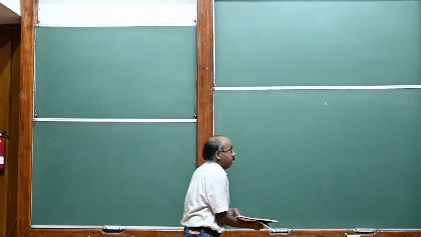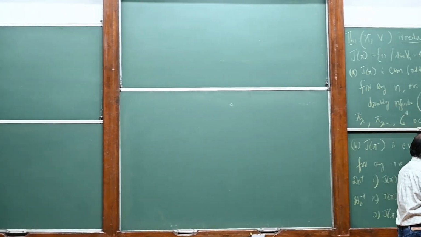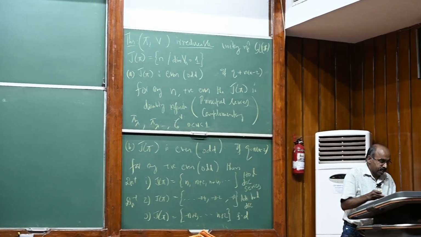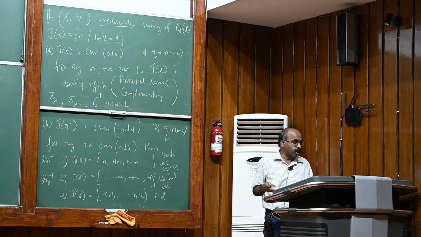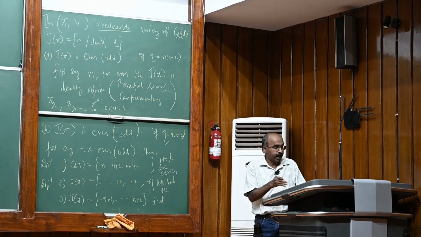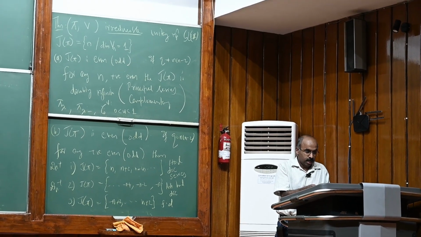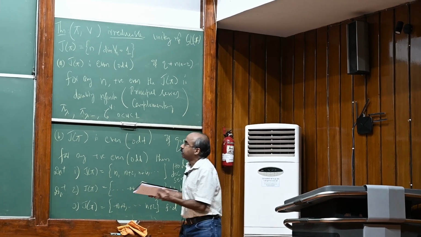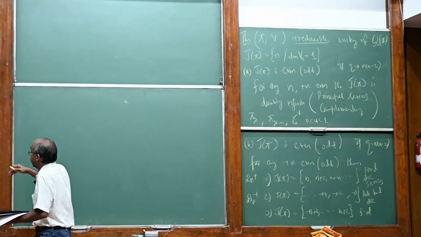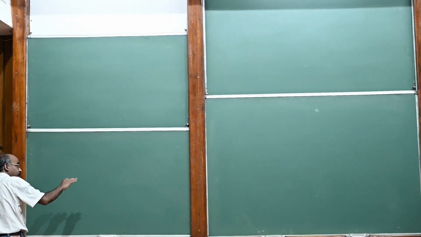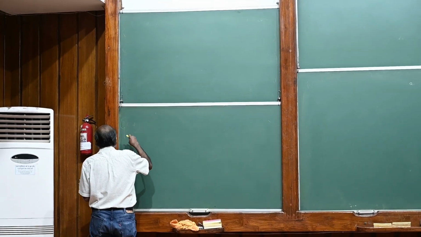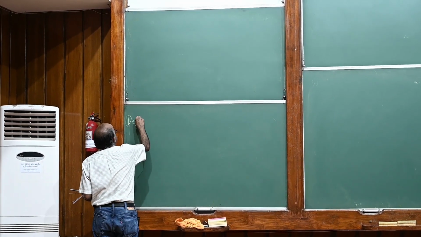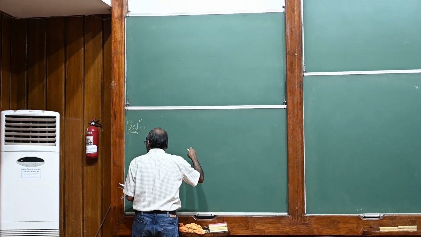Now, if we start with a unitary irreducible representation phi, we want to say it is one of them, right? So let's write down one more result just to make sure that we can actually complete the classification. So start with the definition, which you have already seen.